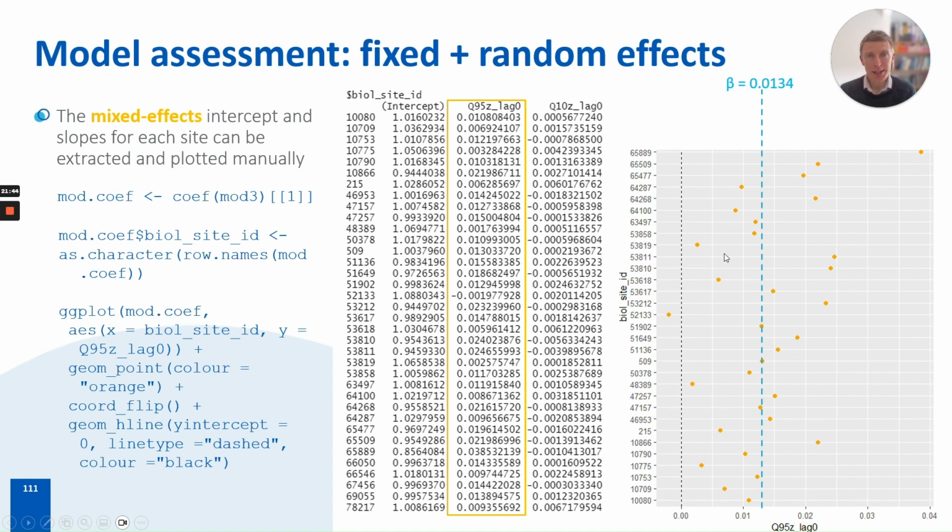What's particularly telling is that in this particular example, out of the 36 sites on our data set, 35 have a positive slope. There's just one site here where the slope coefficient slips slightly into negative territory, suggesting that higher Q95s are associated with lower life scores. But overwhelmingly, the evidence is that higher flows are associated with higher life scores, which is what we would expect.